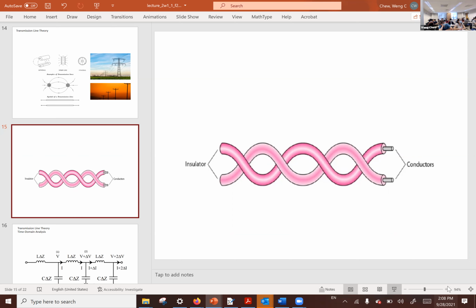You can send signals along it, just like two parallel pieces of wire. This is a wonderful design in the sense that it reduces interference. I don't know if you can see this. You have two parallel wires here, and it's shown at the top here.